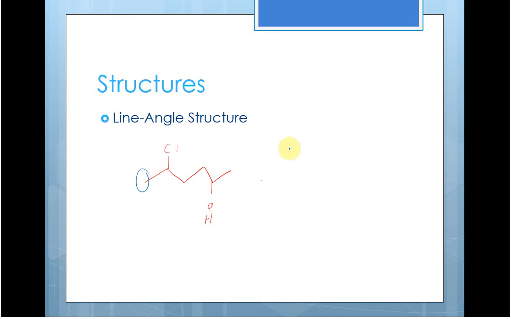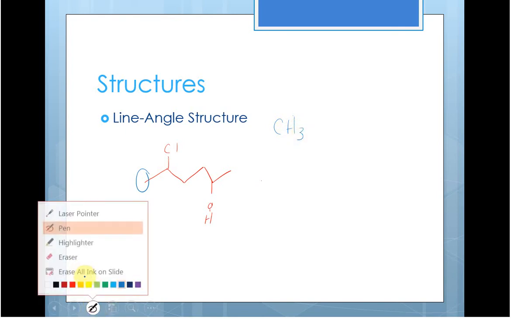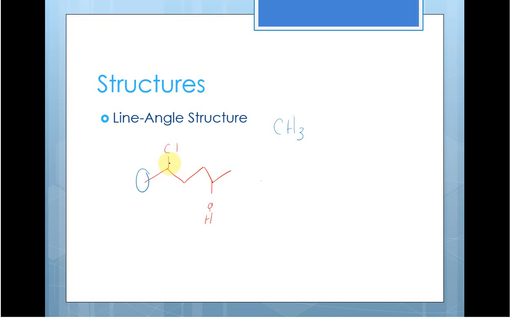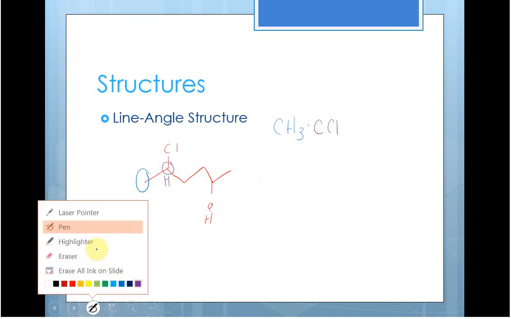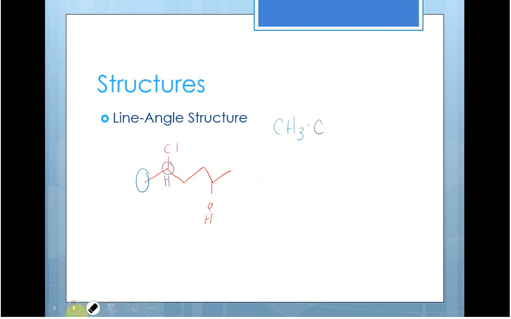So right here, we have C, there's only 1 bond here, so it's got to have 3 hydrogens attached. Then, if we look at this carbon, it has 2 bonds to other carbons, and it's got a Cl, so we're going to write a Cl. And it's got an H down here because 1, 2, 3, 4. Actually, I'm going to put the H first. I think that's the best way and makes it a little easier.